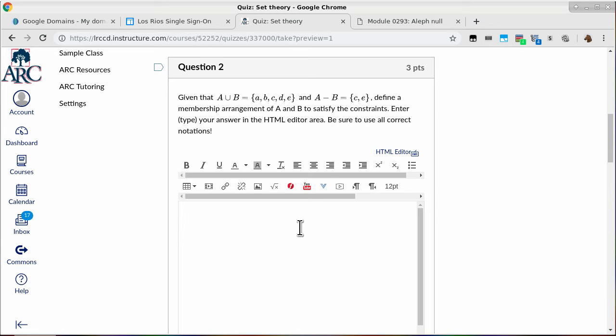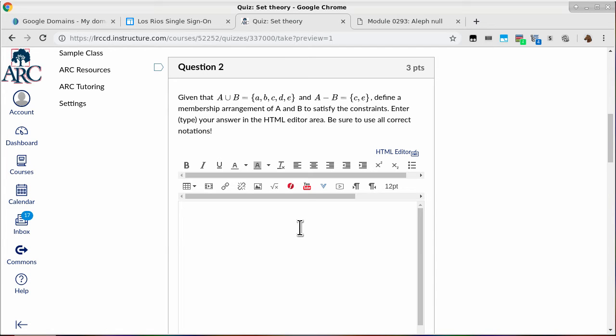So I want you to tell me how I can arrange element membership between the set A and the set B so that this constraint is satisfied. That's basically what the question is asking. So basically, you need to list what is in A and what is in B.